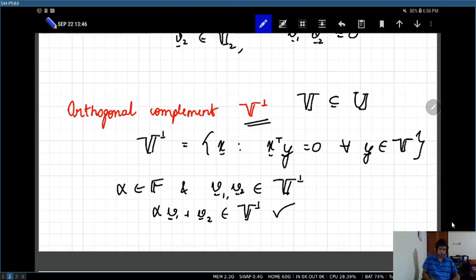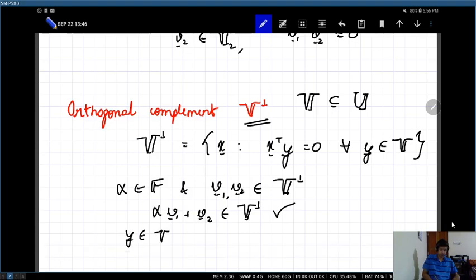Because if v1 is orthogonal to every vector in V, so if you take any y in V, the dot product y transpose (alpha v1 plus v2) is equal to, again by basic properties of vector multiplication, alpha times y transpose v1 plus y transpose v2, and both these terms are 0, so this is also equal to 0.